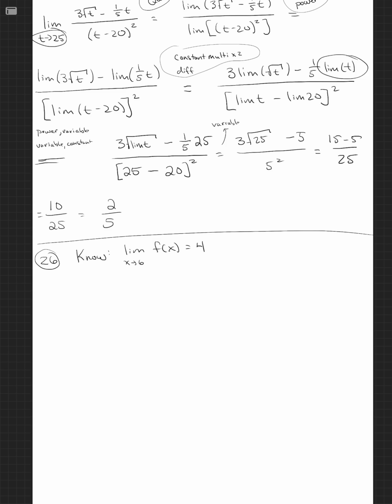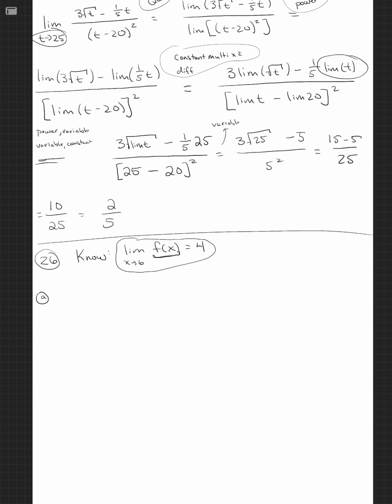So this is sort of going to replace our variable rule, right? Because usually we would say, okay, if we see x, then when x goes to 6, x is going to be 6, right? Whereas here, we're never going to see x, we're just going to see f of x. But instead of knowing that x goes to 6, we know that f of x goes to 4.